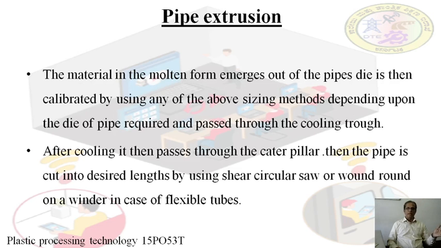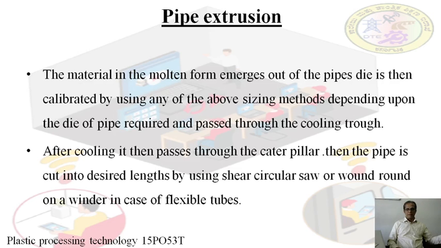From the die, as soon as it comes out, it is sized, by any of the techniques, pressure sizing, vacuum sizing, or sleeve sizing, to adjust the size of the pipe. Then immediately it is passed to the water bath, under the water. When it emerges from this bath, it will be completely solidified.